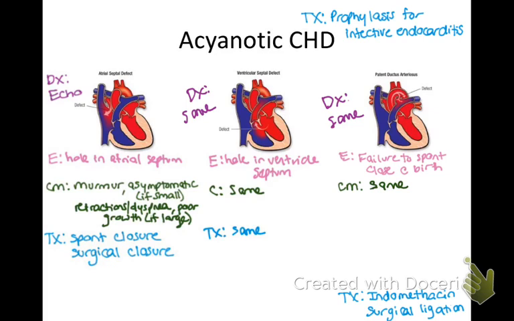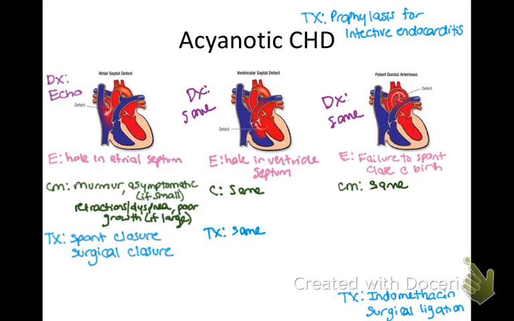Ready, and go. So I put these three on here because basically they're all the same. Essentially, they all cause the same problem. All three of these are acyanotic congenital heart defects, CHD. So these babies, they come out pink. They look pretty good. There is basically increased pulmonary flow with these defects. The increased pulmonary flow happens because of that left to right shunt.